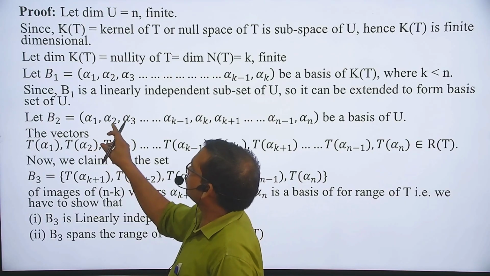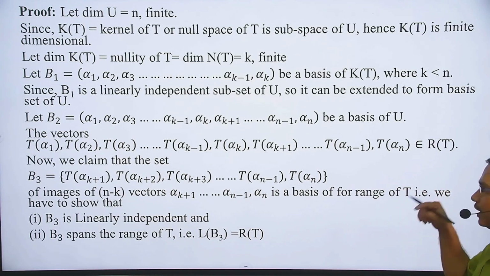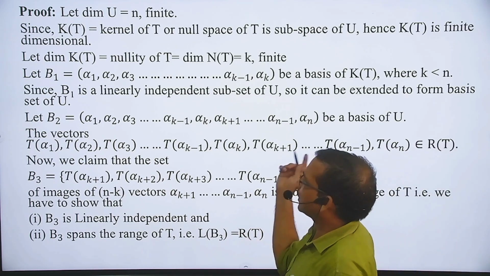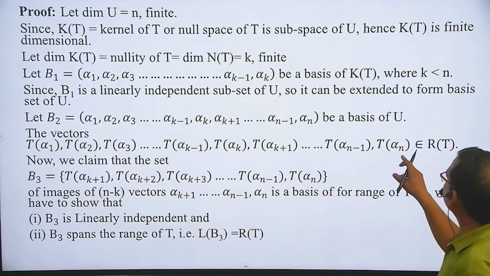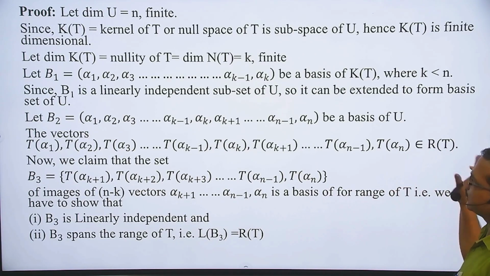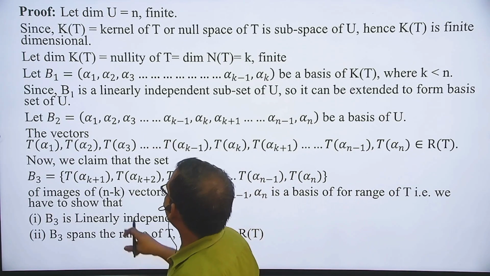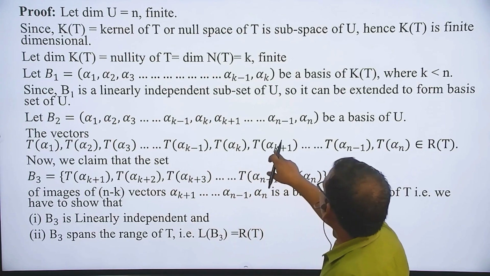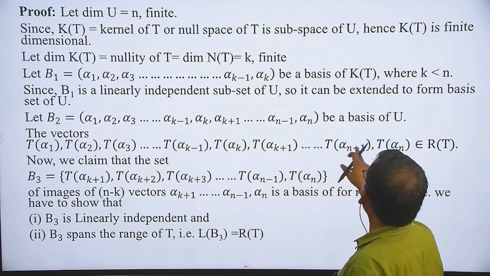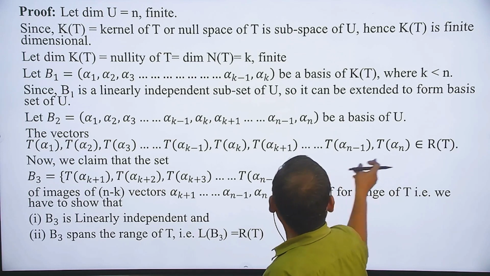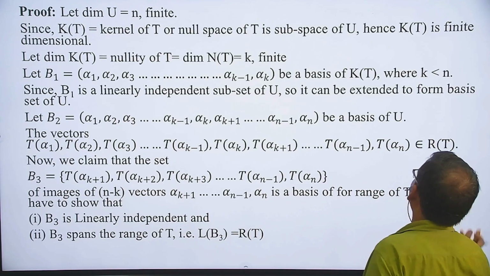If alpha 1, alpha 2, alpha 3, and so on up to alpha n are a basis of U, then they have their images in the range space. As such, T alpha 1, T alpha 2, T alpha 3, and so on up to T alpha n belong to the range space. Now we claim that the image vectors T alpha k plus 1 up to T alpha n, the images of n minus k vectors, form a basis of the range space.